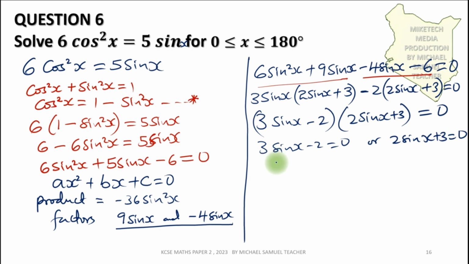So this will be the same as sine x is equal to 2/3, or the other one is sine x is equal to minus 3/2.